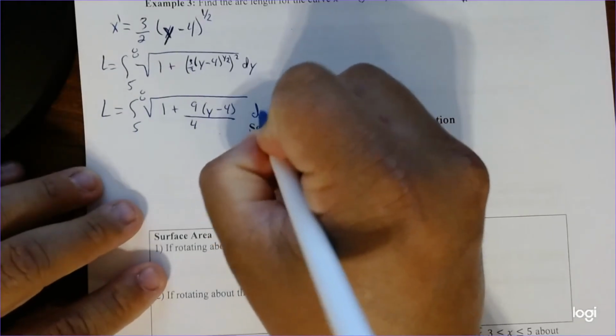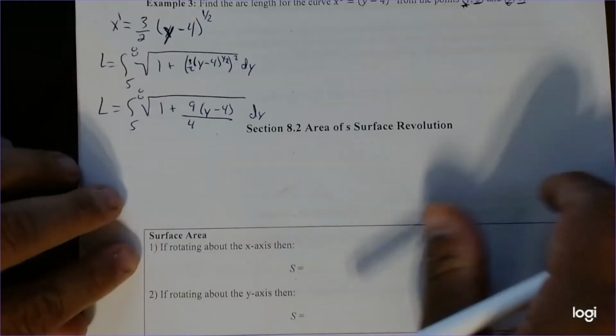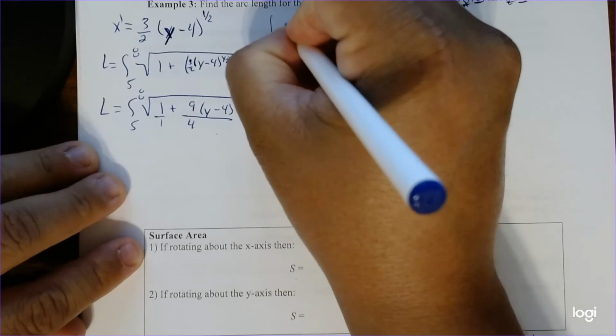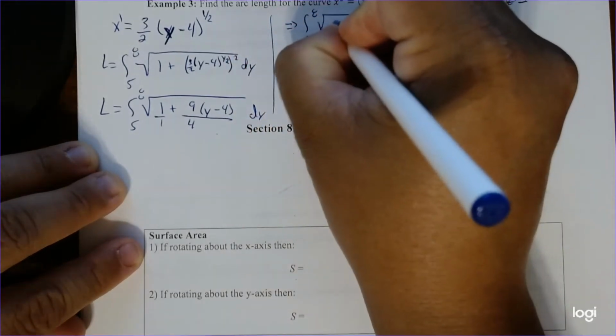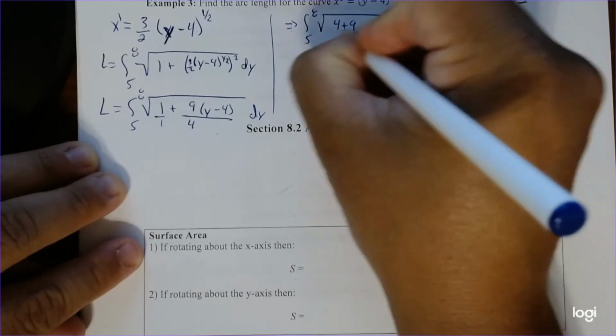So not too bad this time. Okay. So distributing this 9 and just multiplying by 4, because again, notice the same pattern there. So we'll have the integral from 5 to 8 of the square root of (4 plus 9y minus 36) all over 4.